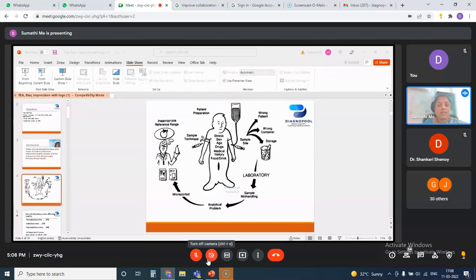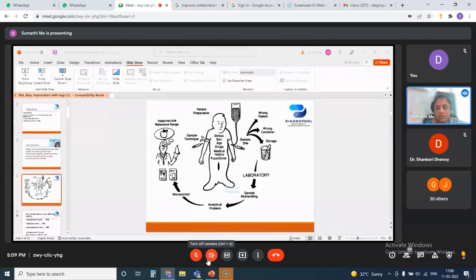Other factors include the sample technique, the sample site, where we are collecting the sample, and other factors which influence the sample stability, that is the sample storage, the container we use for the sample collection, and the patient identification. All these come under the errors which happen before the sample reaches the laboratory. So these errors are called pre-analytical errors.